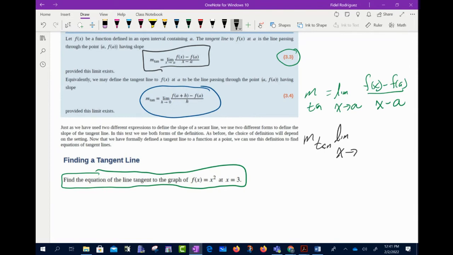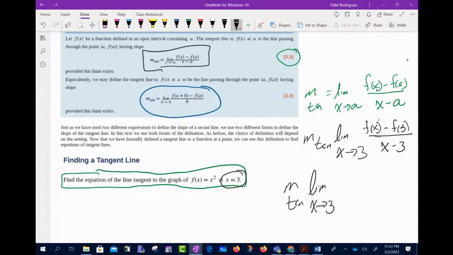Our x value is supposed to be approaching what number in this case? 3. So we're going to write f of x minus f of 3, all over x minus 3. We already know what f of x is equal to: f of x is equal to x squared.